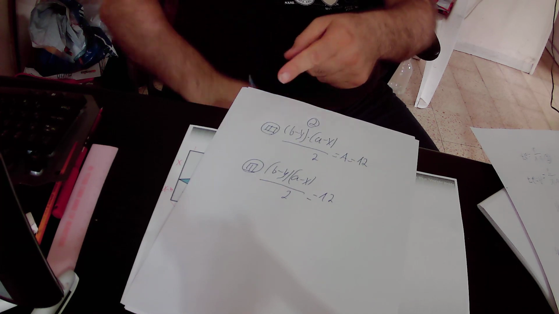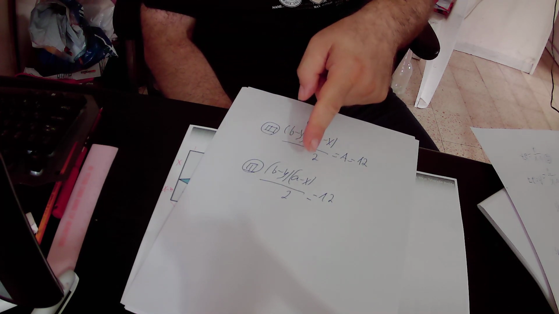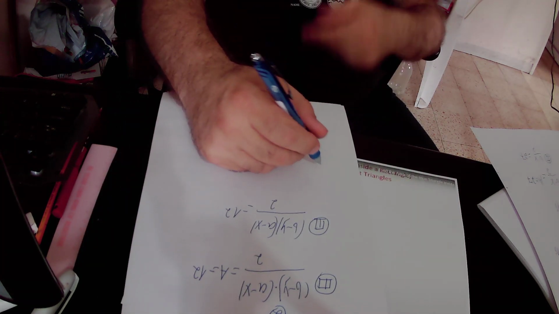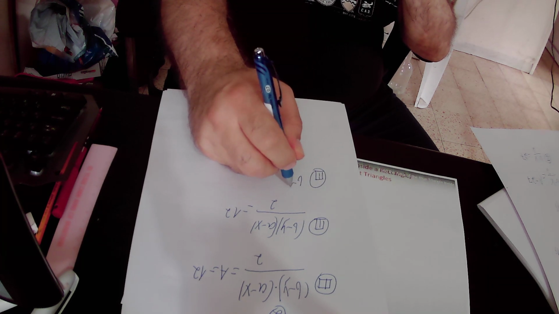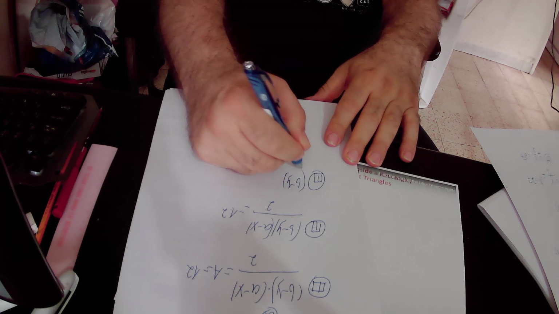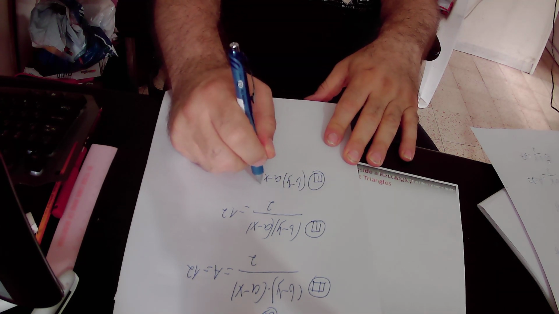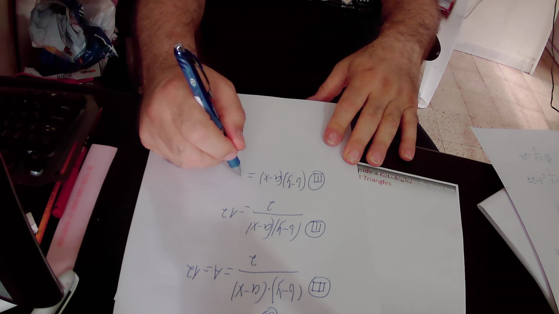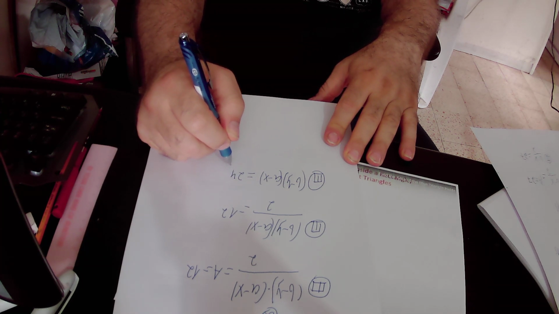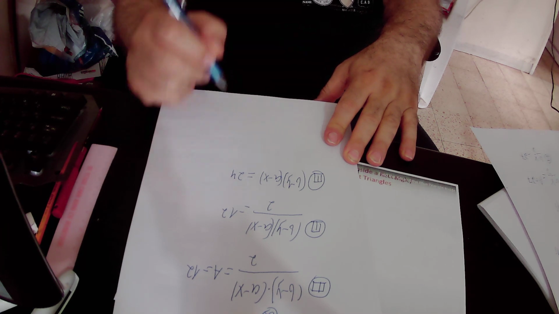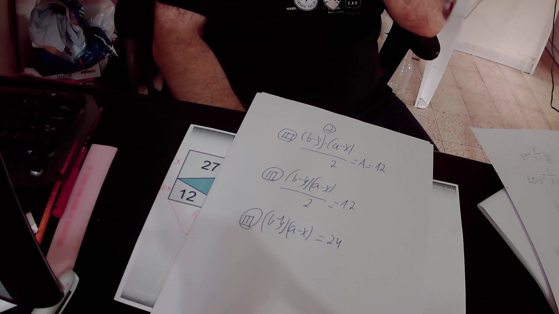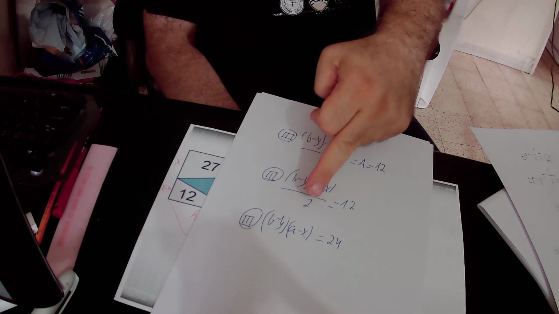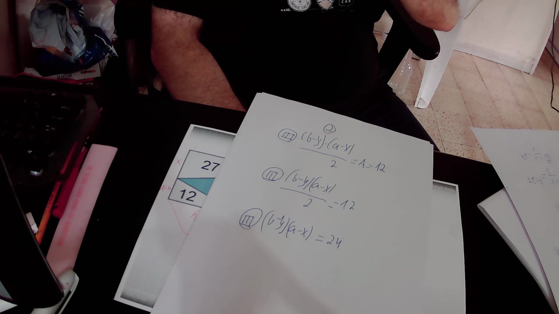Here we can multiply both sides of the equation by 2, so we will get that b minus y times a minus x equals 24, because 12 times 2 is 24. So b minus y times a minus x equals 24.